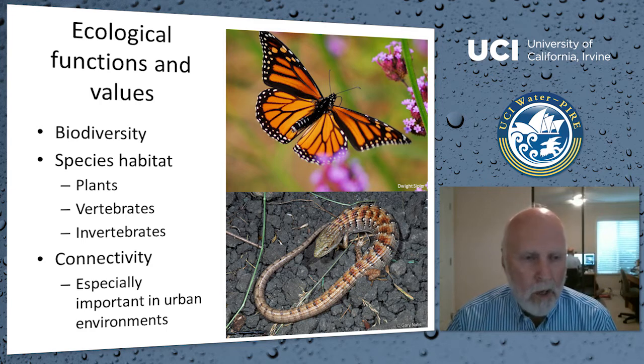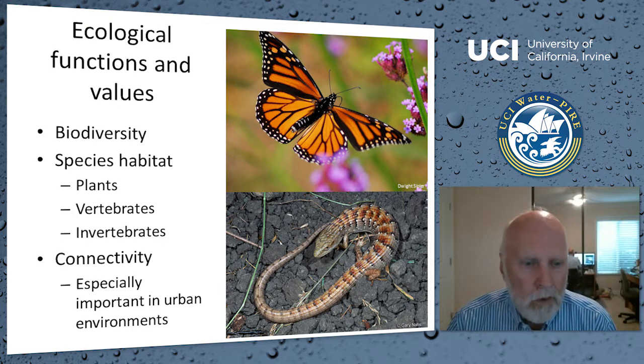The plant part is obvious, but the vertebrates and invertebrates is probably not obvious to most people, but they still could be very important. And then both Lisa and Jennifer talked a little bit about connectivity, and particularly in our urban environments, the connectivity function that biofilters could play a role in could be super important, because otherwise those habitats are very fragmented.